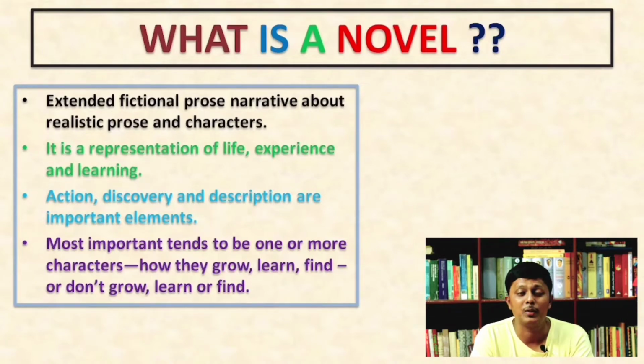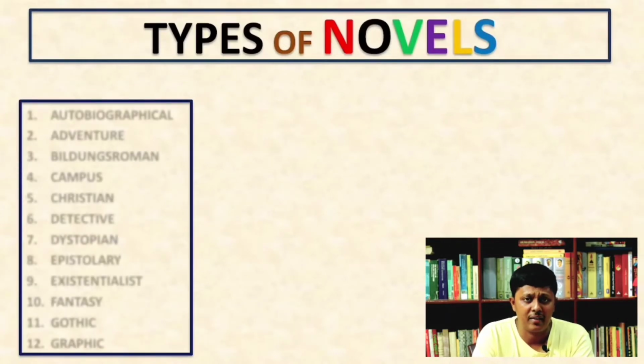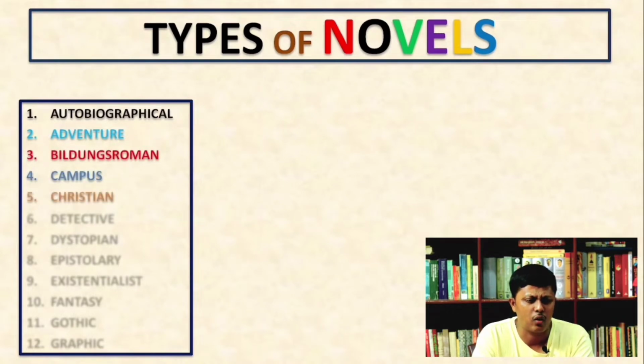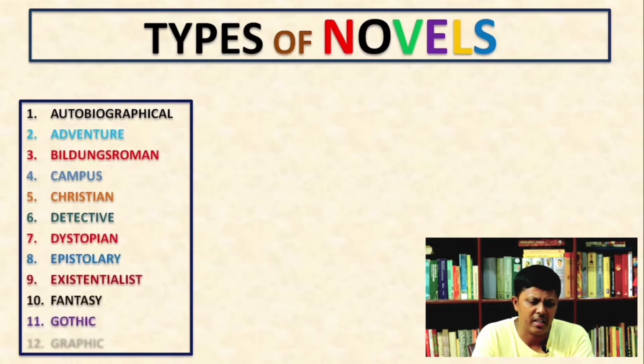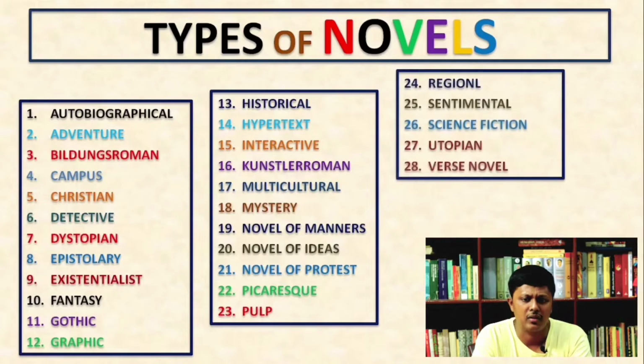Now we are going to move to the classifications. Let us understand the types of novels. There are various types of novels. We have gathered here almost 28 types, like autobiographical novels, adventure novels, Bildungsroman, campus, Christian, detective, dystopian, existentialist, gothic, graphic, historical, hypertext, interactive, etc. Novel of manners, novel of protest, pulp fiction, religion novels, sentimental novels, utopian, dystopian, verse novels, science fiction.